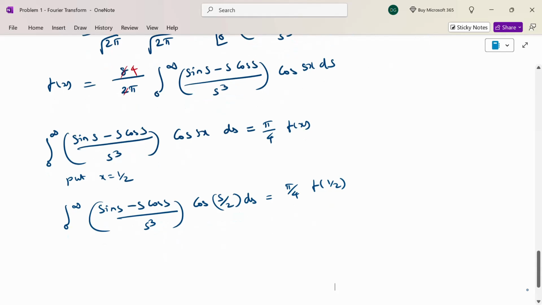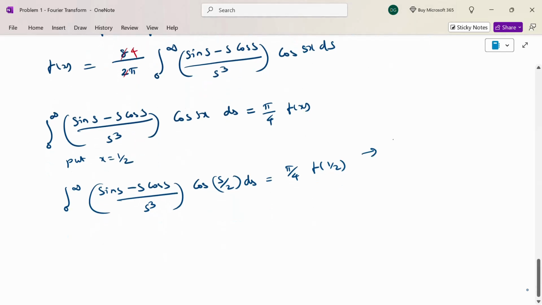What is the f of x value? F of x is 1 minus x square. So f of 1 by 2 is 1 minus 1 by 4. Taking 4 minus 1, that is 3 by 4. F of 1 by 2 is 3 by 4. So pi by 4 into 3 by 4 is 3 pi by 16.